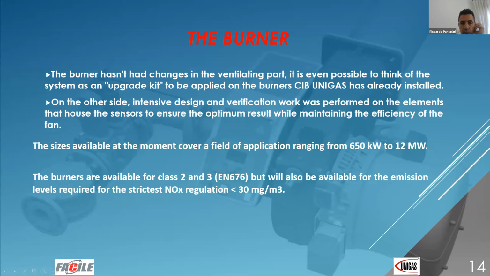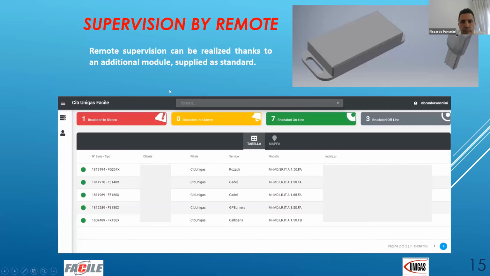With this burner, we can achieve less than 30 milligrams per cubic meter. And we can say that we can also do an upgrade kit of the old burner to revamp it. An important function is remote supervision.